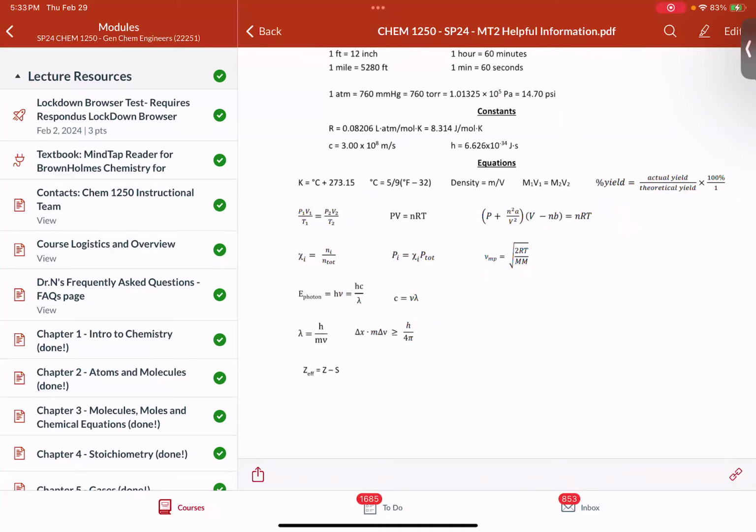We have the most probable speed equation, which really just tells you trends. We see that most probable speed increases when temperature increases or when the molar mass of your gas sample is lower. Speed of light calculations, energy of the photon, the de Broglie wavelength, uncertainty principle, and then finally Z effective.